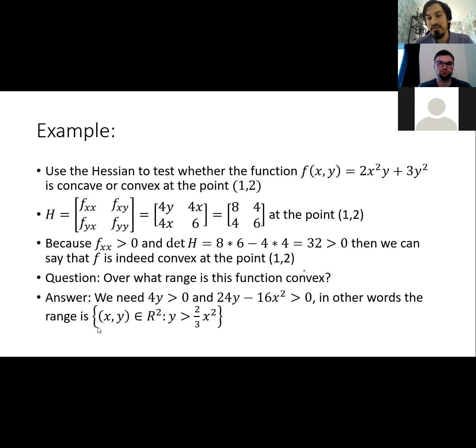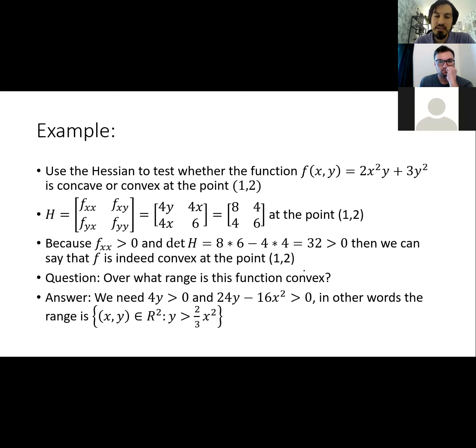It's the set of all ordered pairs x and y, which themselves are elements of the real numbers squared. This is the Cartesian product of the set of real numbers, or just any pair of real numbers. This colon here means such that: any pair of real numbers such that y is greater than 2/3 x squared. That's the officially proper way to answer this question.